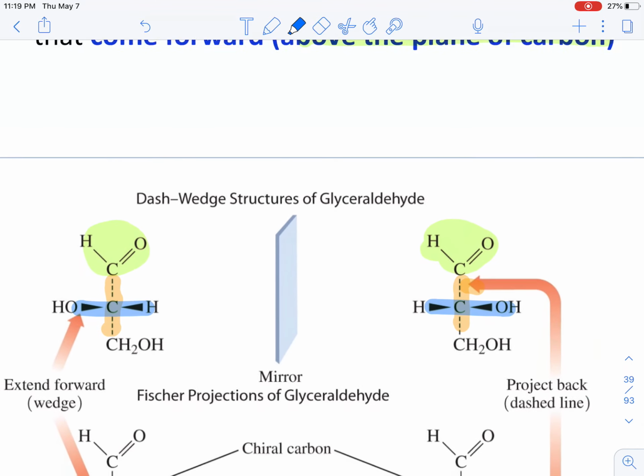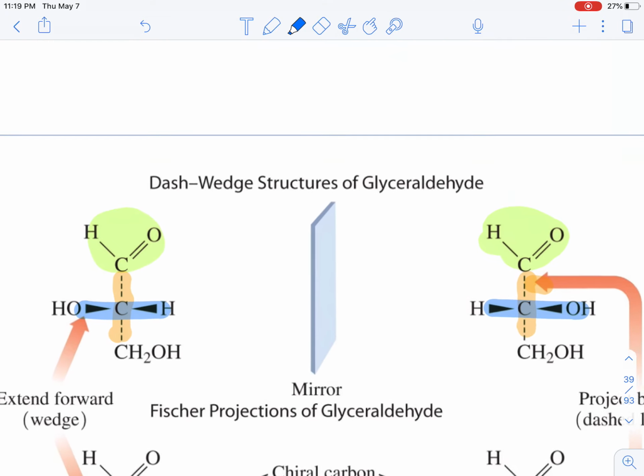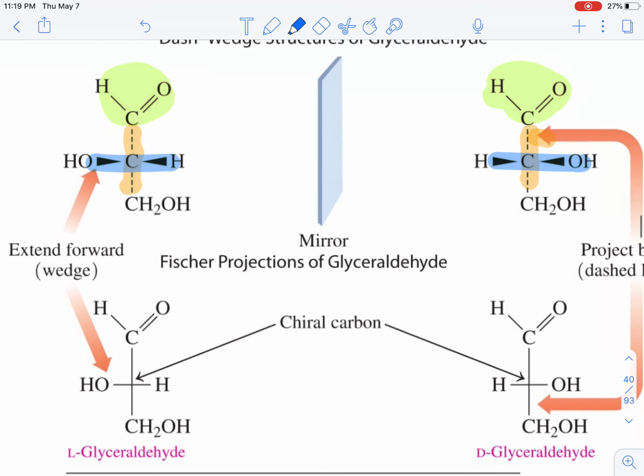So Emil Fischer is taking these 3-dimensional structures and he's creating a 2-dimensional structure out of it. And so the Fischer projection is literally what you guys see here. Okay. And so where the bold and dashed lines intersect, that's going to be where the chiral carbon is located.